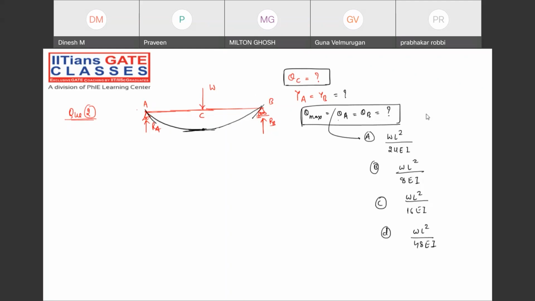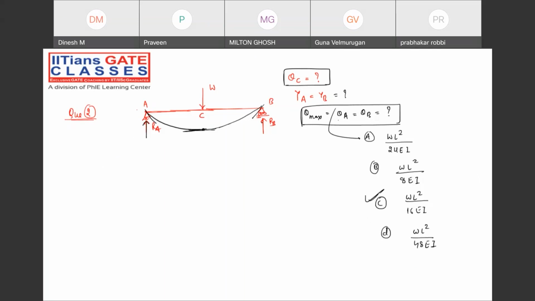Option D or option C? Now try to see. We are going to solve, and the correct option will be C. How?